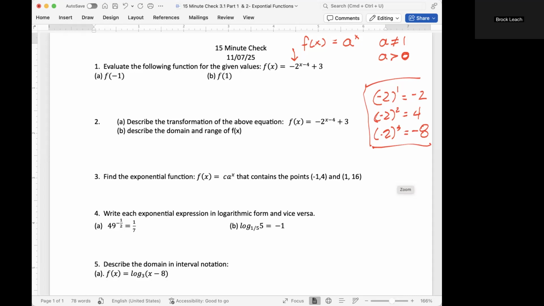Here's where we would have a problem, if this was written like this. Here we would have a problem. But the power there, the x, and that's what exponential functions are really about, is that our variable is in the exponent. Here, the exponent that we have there, x-4, is only applying to the 2.